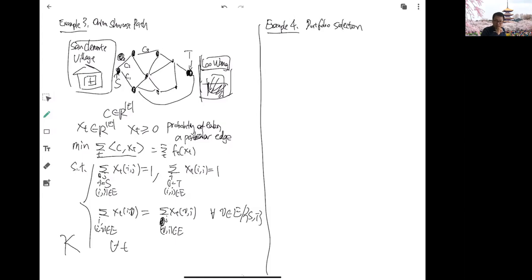But in practice, nobody is just going to buy one single stock and hope that it's going to work. Instead, a financial expert would advise you to diversify your portfolio, so that you hold not just the tech stock, but also other stocks that can be used to hedge against the ups and downs of the tech sector, so that at the end of the day, you can maximize your so-called risk-adjusted return, right?